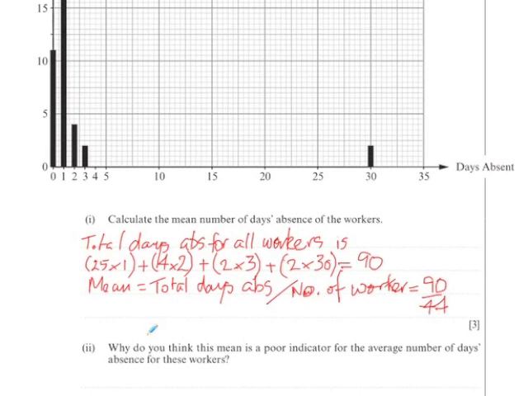So the mean number of days absent is equal to 2.25 days, we should say.